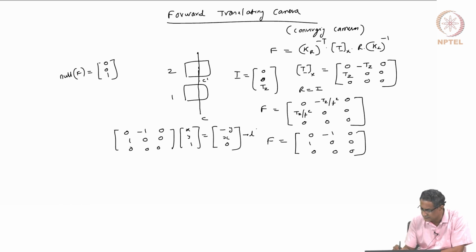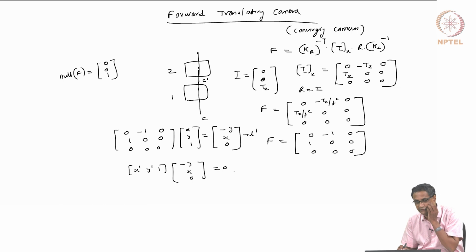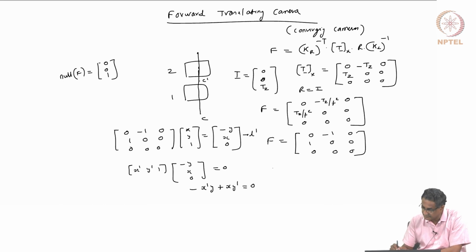This is my epipolar line, and now we want x dash, y dash, 1 to lie on this epipolar line. This should be equal to 0. We should satisfy this condition if it has to lie on this, which then means that minus x dash y plus x y dash is equal to 0, which then means that your x dash is x and y dash is y.